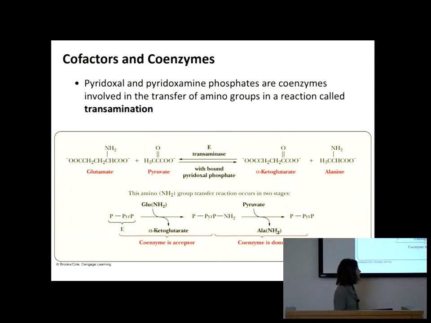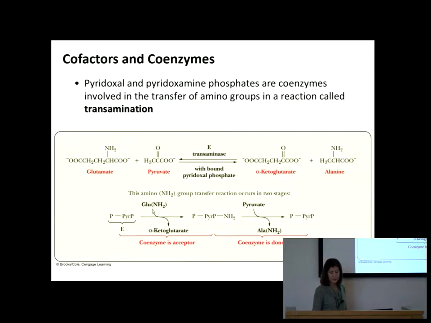Now, I want to pause right here just for a second and take a look at this sort of reaction here. This might be a new way to look at a reaction. Normally we see it this way, the double arrows mean that it's in equilibrium. But I want you to focus right here.